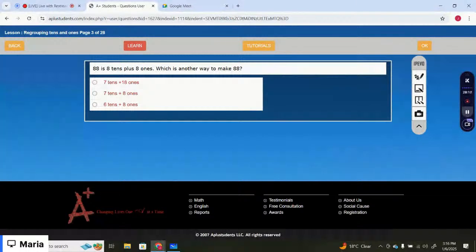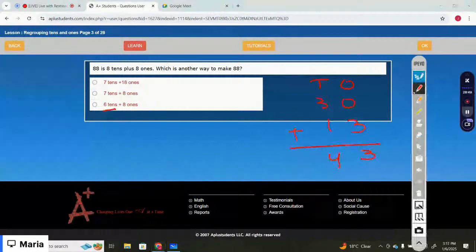88 is 8 tens and 8 ones, which is another way to make 88. So you have to make 88. Let's see which is the correct option.